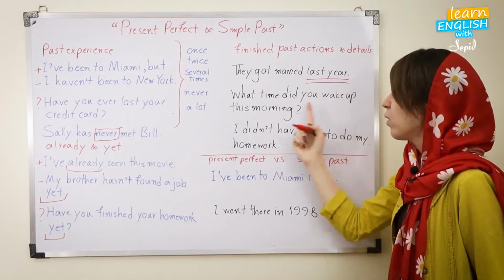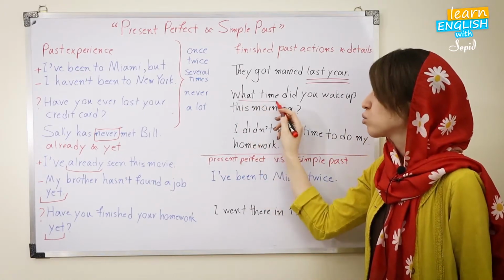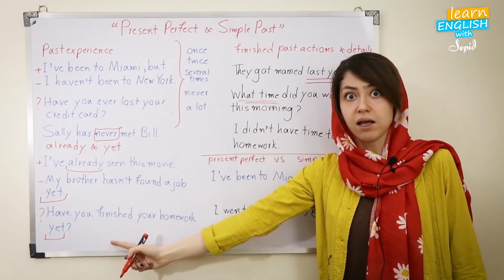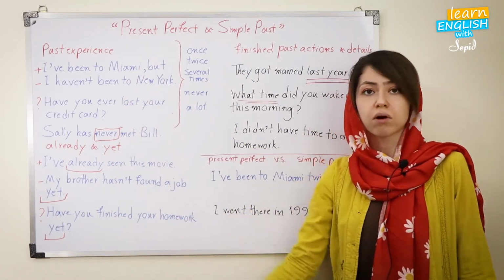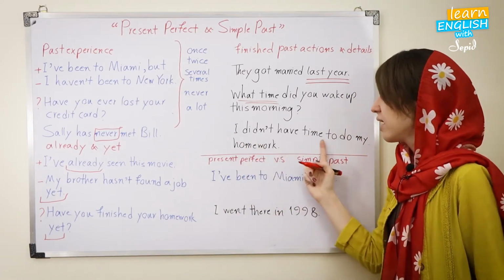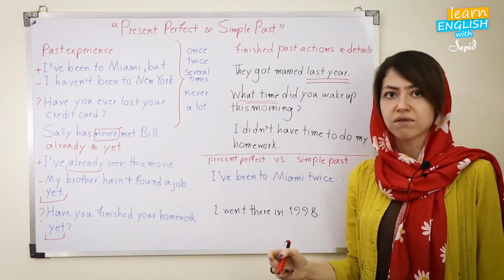Let's go to the next question. What time did you wake up this morning? It's asking about the details. What time? It was talking about some general sentences. So, this is the negative form. I didn't have time to do my homework.